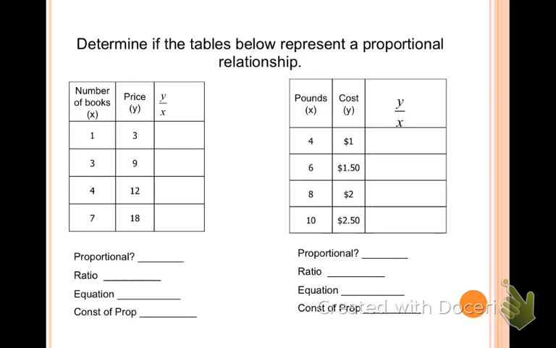So again, write the ratio of y to x. We see here that we have 3 over 1, and if we divide, we get a constant of 3. If we take y to x in this case, the same constant, y to x in this case.